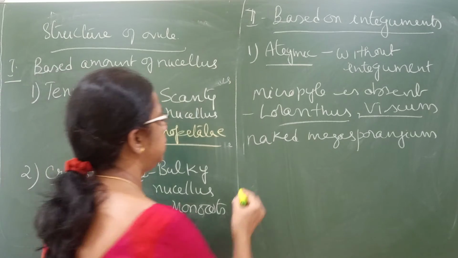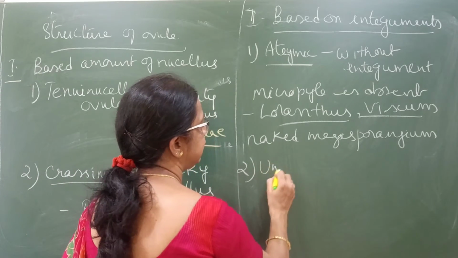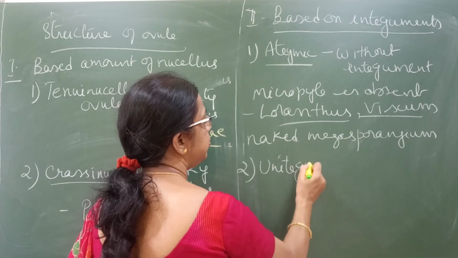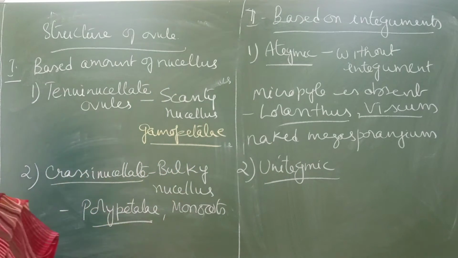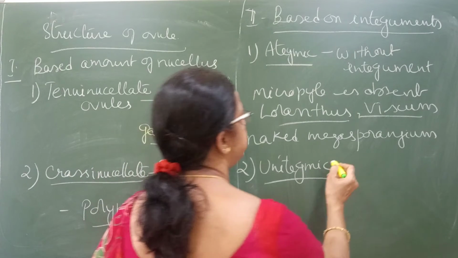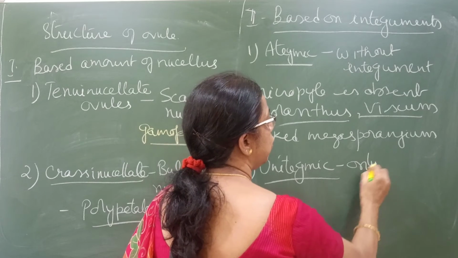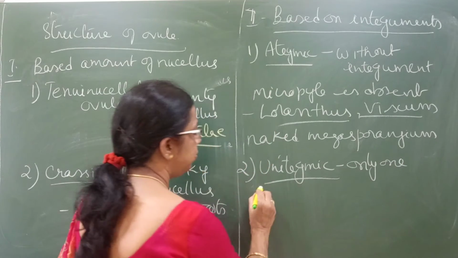Now the second type is called unitegmic ovules. Unitegmic ovules means only one integument.